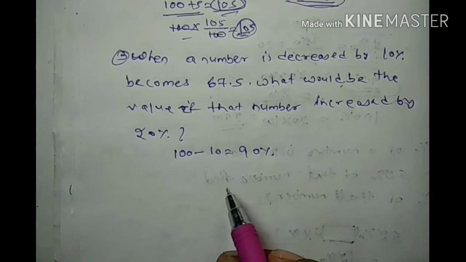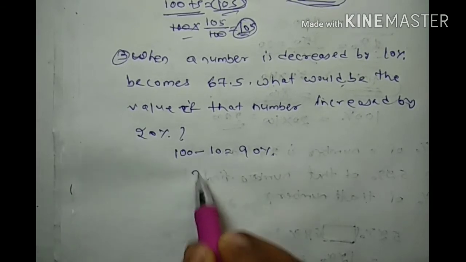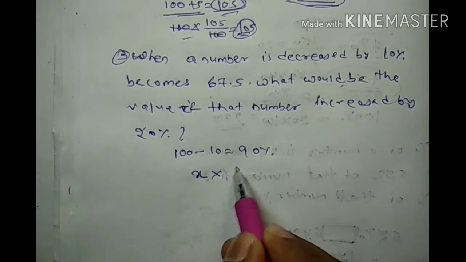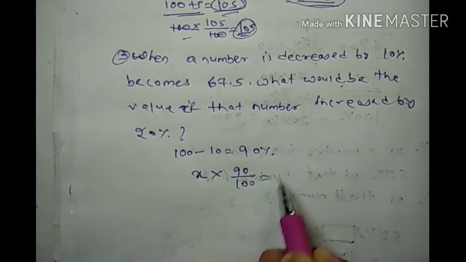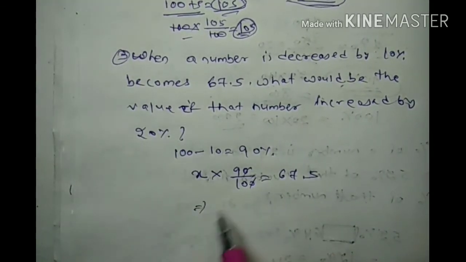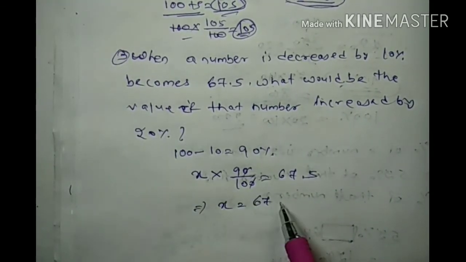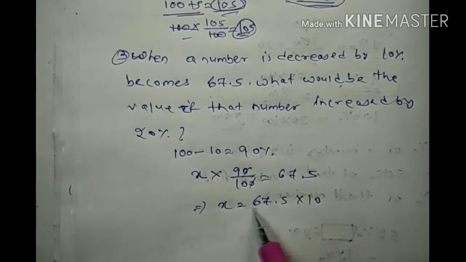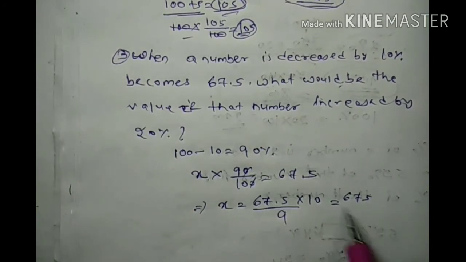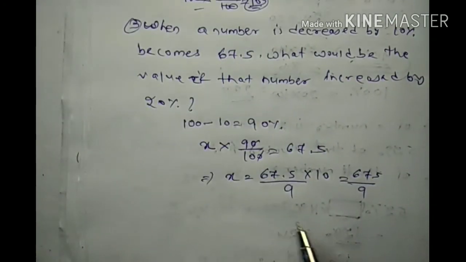So 67.5 is 90% of that number. We don't know the number, so x is that number. So 90% of x is 67.5. So x is 67.5 into 10 by 9, which means 675 by 9.